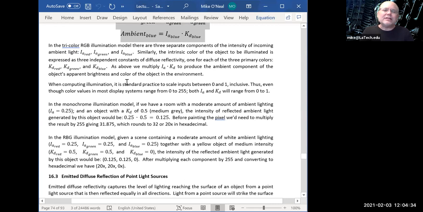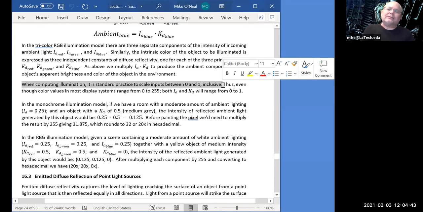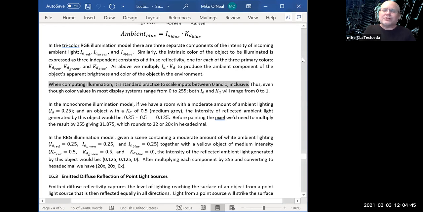A computational detail. What scale should we use for our colors? Generally, we try to set things up so that if you've only got one point light source, the ambient plus the diffuse plus the specular add up to 1 under maximal illumination conditions.